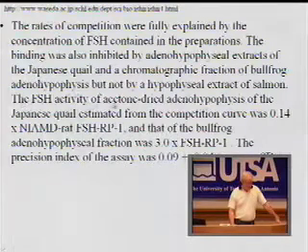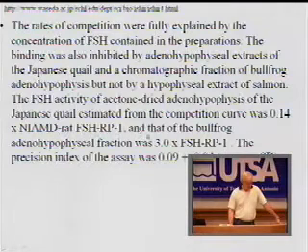So the FSH activity of acetone dried adenohypophysis of the Japanese quail, estimated from the competition curve, was 0.14. Wow, I lost something here. And that of the bullfrog adenohypophyseal fraction was 1.14 times the NIAMD rat FSH RP1, whatever those were.